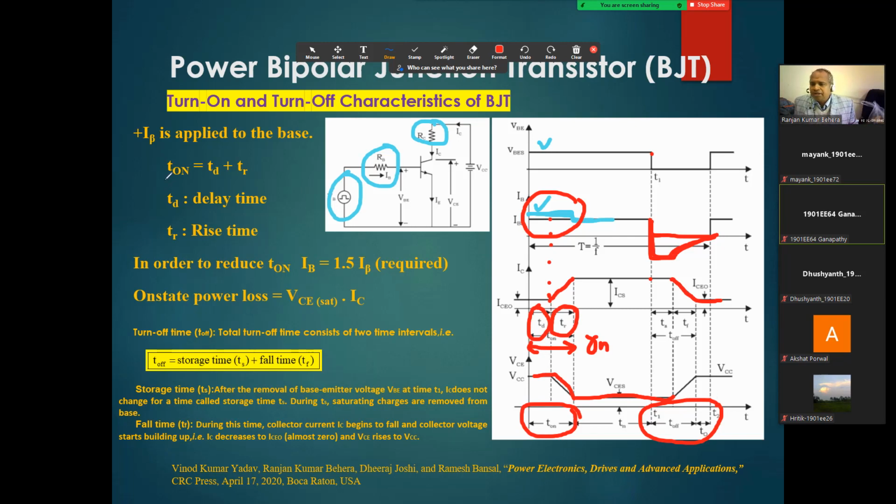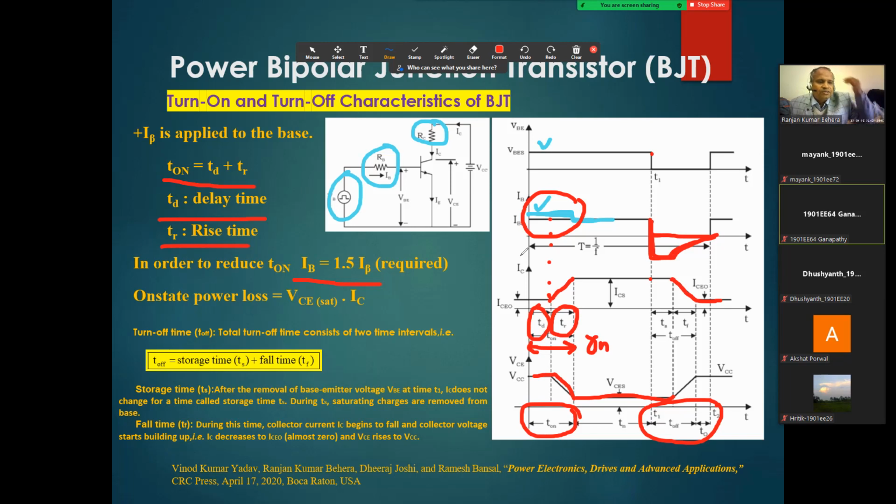So you know that this is the T on. TD is the delay time, TR is the rise time, as I already told. And initially IB is given as 1.5 times IB. Why? Because it will turn on the device very quickly. That is what we require. Large current.